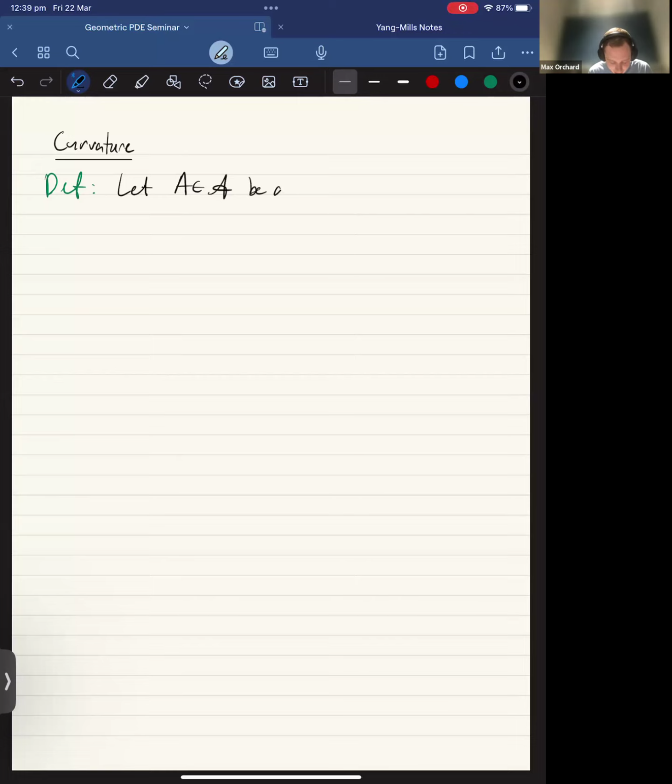So suppose we have a connection and let phi be a Lie algebra valued r form. Now that we have this connection, I'm going to talk about something called the exterior covariant derivative.